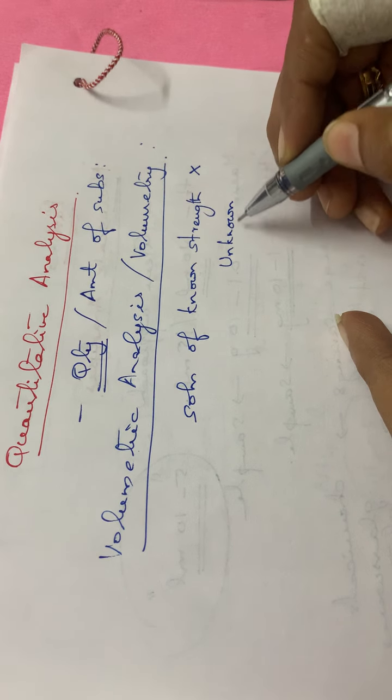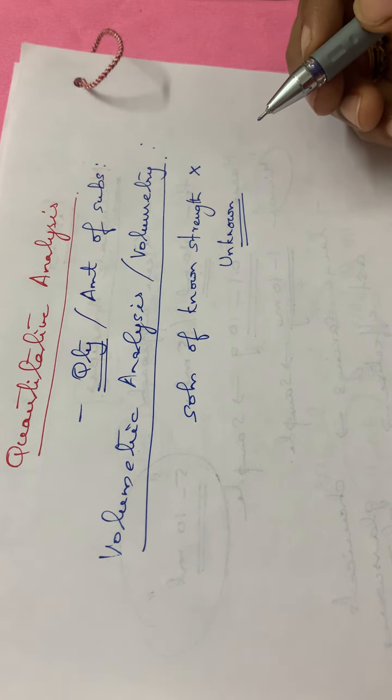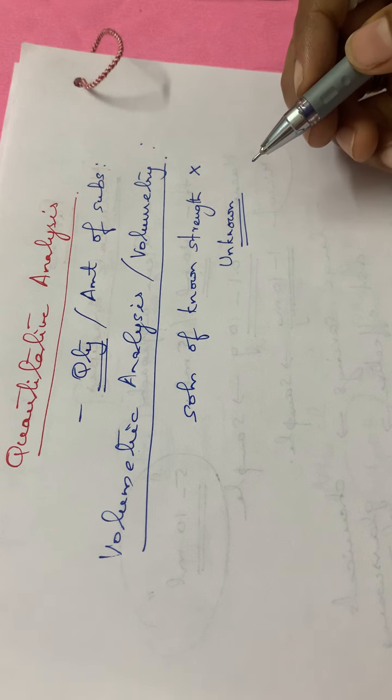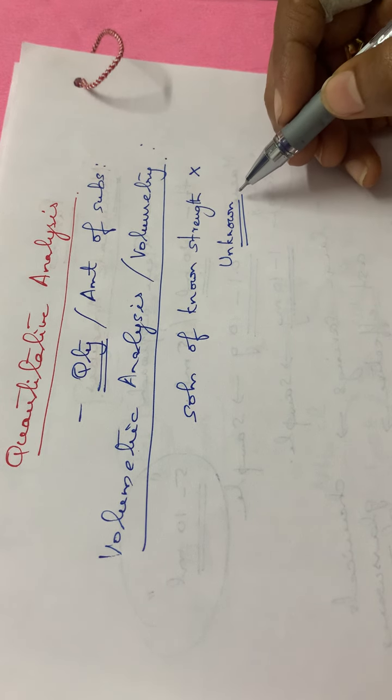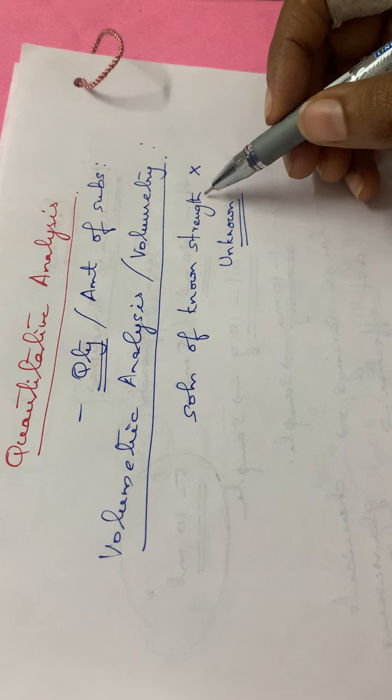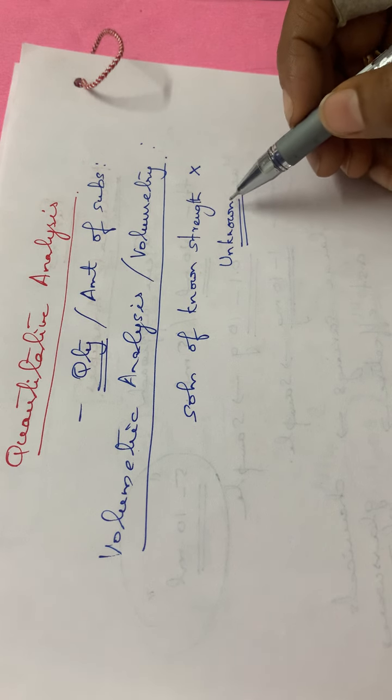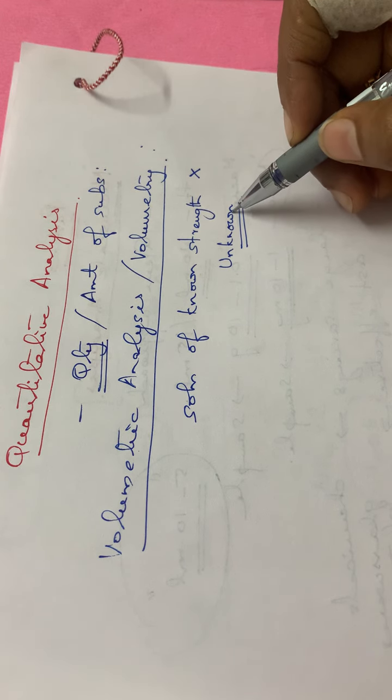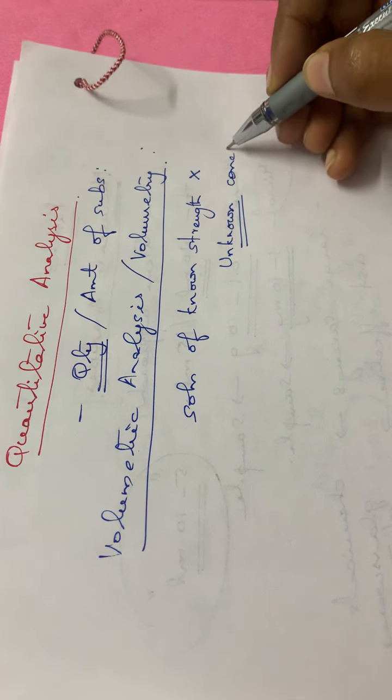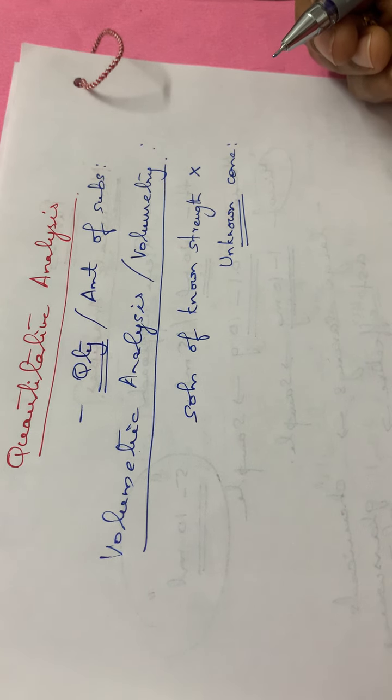That is, we are not sure about the normality or strength of that particular solution. So a solution of known strength is reacted with a solution of an unknown concentration or unknown normality.